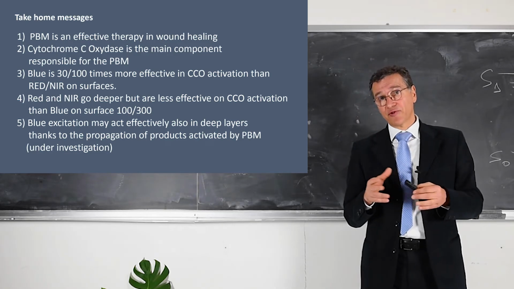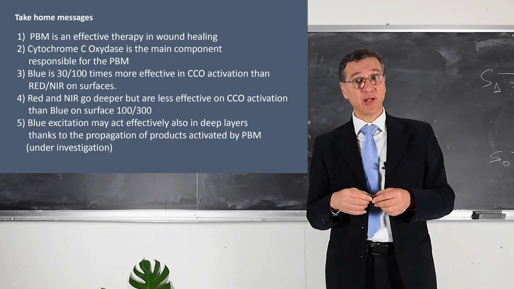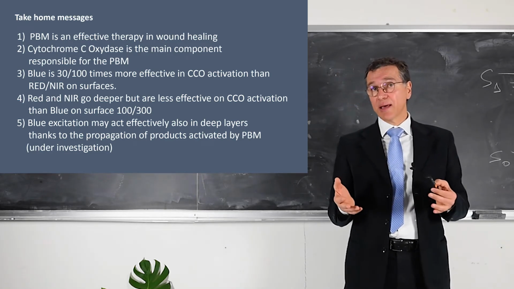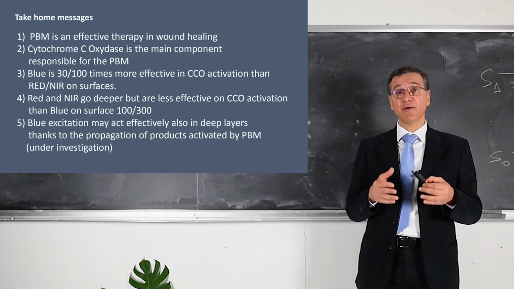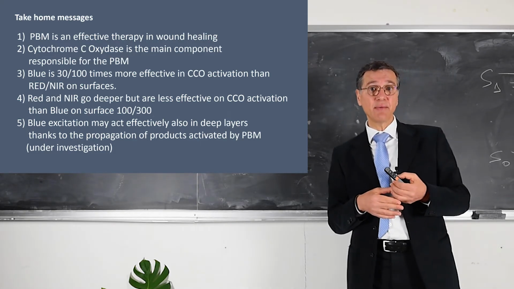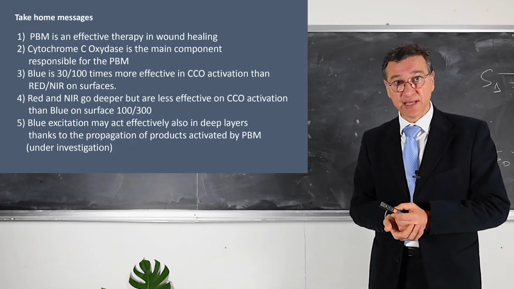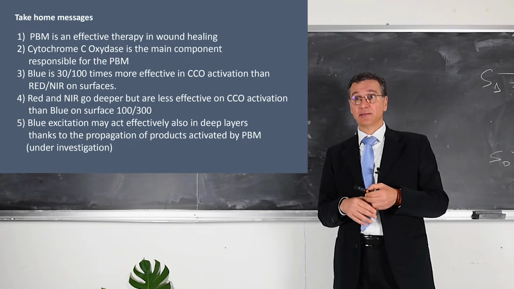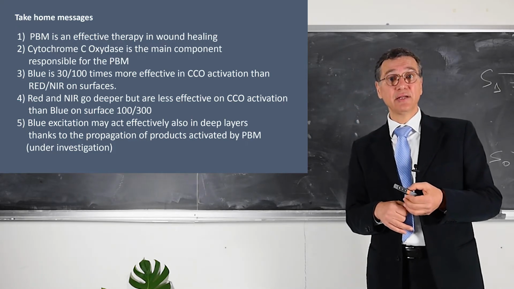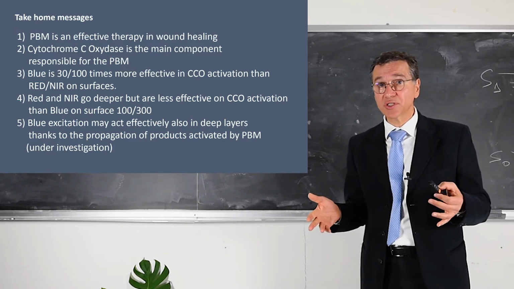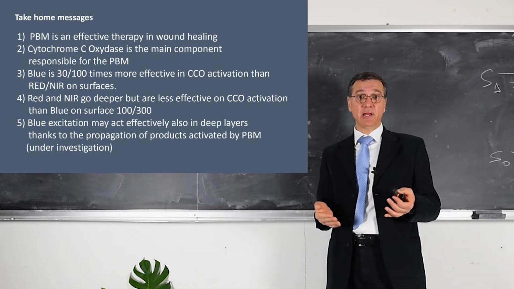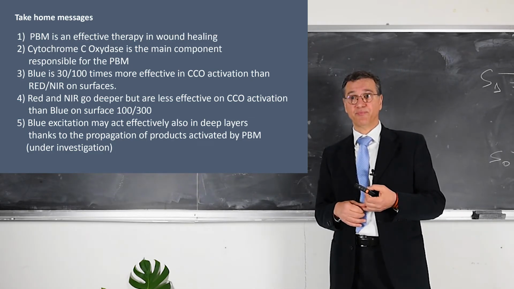But from our Monte Carlo simulation, we can demonstrate that the blue is from 30 to 100 times more effective in activating the cytochrome on the surface than the red and the near infrared, because of the absorption capability of the cytochrome.